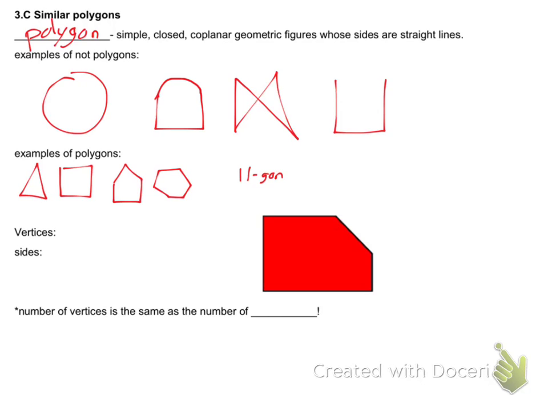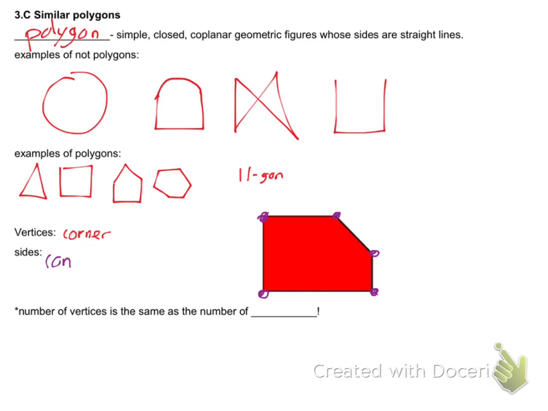But what's a vertice then? Vertice is a fancy way of saying a corner. Guys, I'm going to change the colors here. I'll make them purple, but that's a vertice, vertice, vertice, vertice, and a vertice. Those are vertices. What is a side?